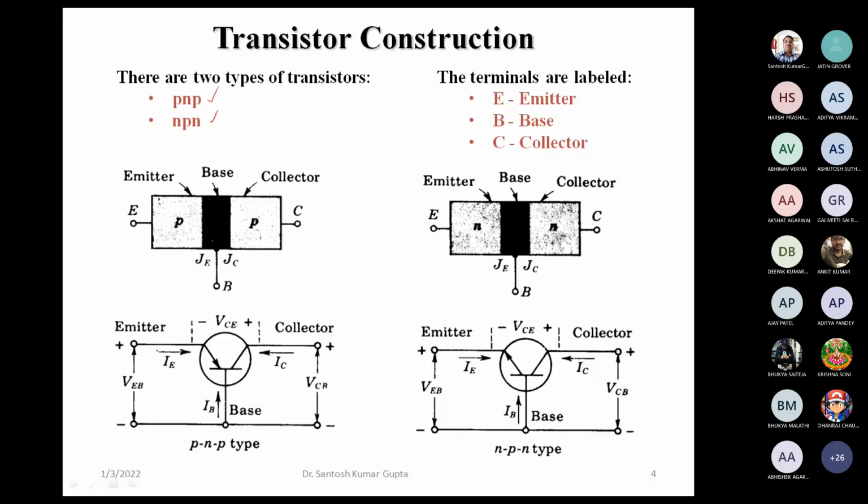The PNP transistor is shown on the left side and the NPN transistor on the right side. In the PNP transistor, we have P, then N, and then P, whereas in NPN, we have N, then P, then N.